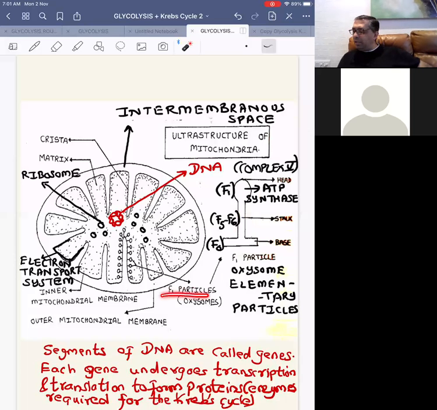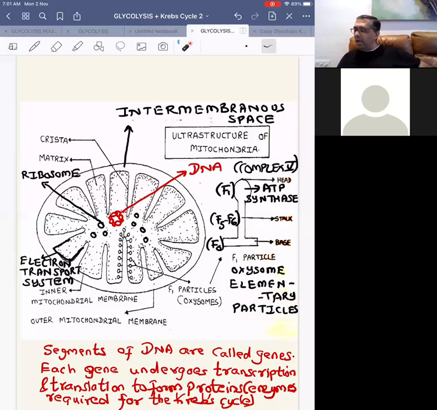F1 particles are also called oxysomes, and also called elementary particles. So we have three names: F1 particles, oxysomes, and elementary particles.